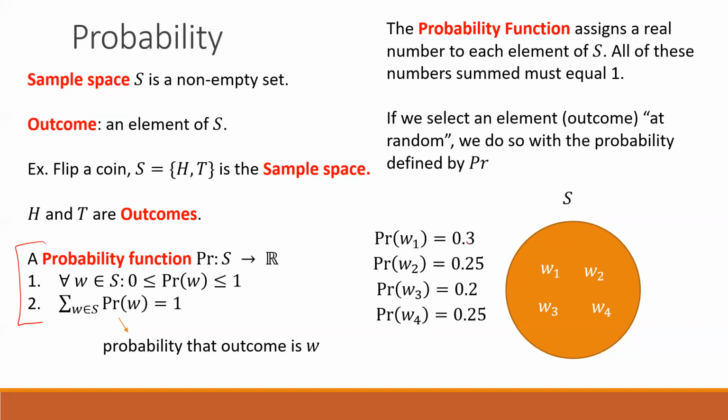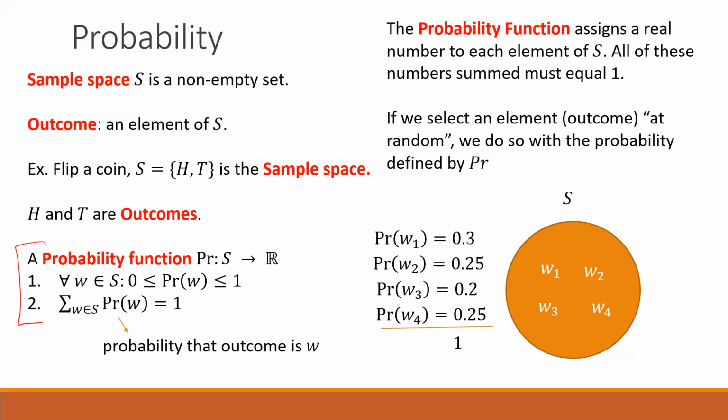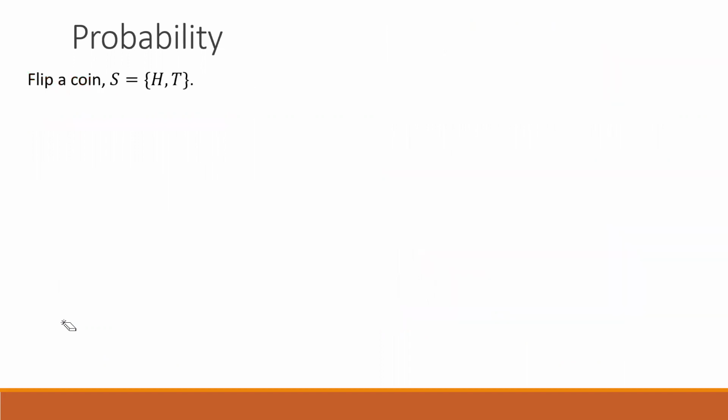And then if we sum them all up, they must sum up to 1, right? These don't all have to have the same probability. They can have different probabilities as long as it obeys these rules. All right. Questions?